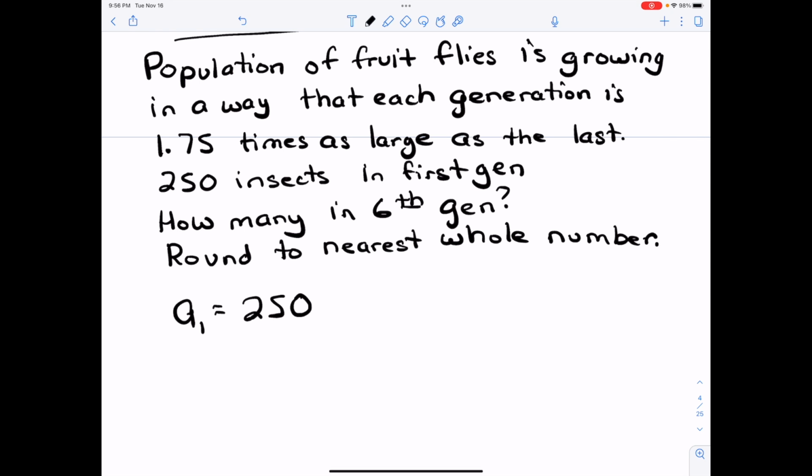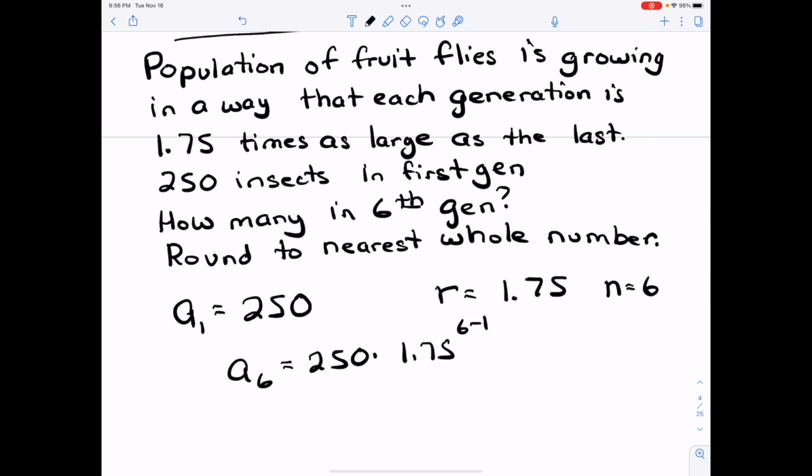Or we could recognize that 1.75 is our common ratio here, because we're starting with an initial amount of 250 for first gen, and then multiplying by 1.75 over and over again to get more generations, to get the populations. And in this case, trying to find out about the sixth generation, so n is 6. So you can say, well, a sub 6 equals 250 times 1.75 to the 6 minus 1. So 250 times 1.75 to the 5th power.